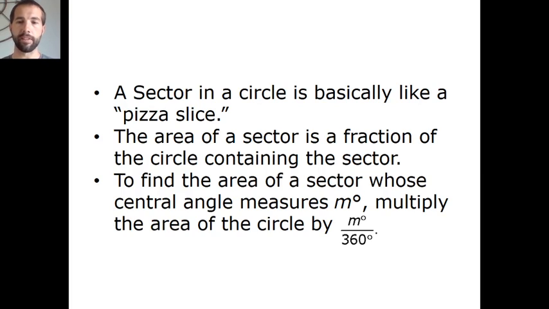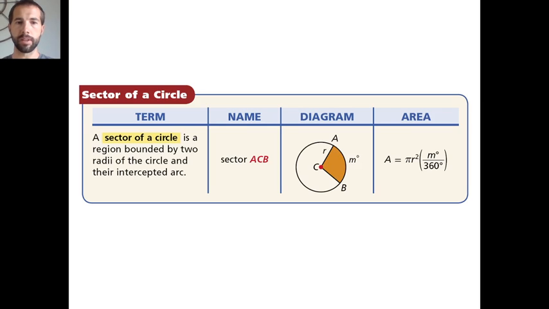So to find the area of that sector, whose central angle measure is m degrees, so you can put any number of degrees in there, you multiply the entire area, which you know how to do with pi times the radius squared, by the fraction, which is the degrees of the central angle over 360, which is a complete circle. All right, so we're going to look at a few examples.